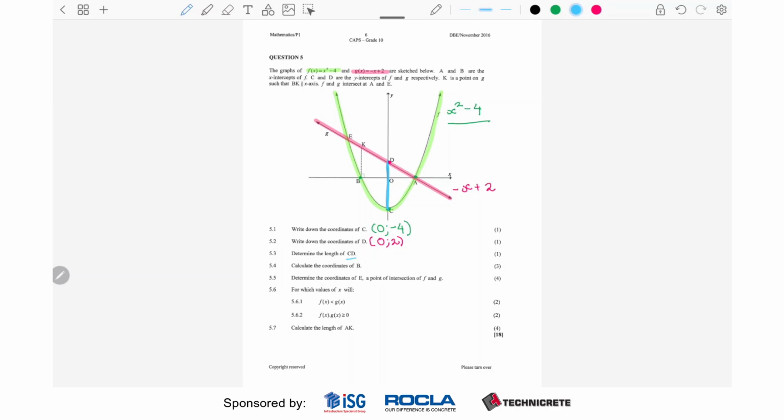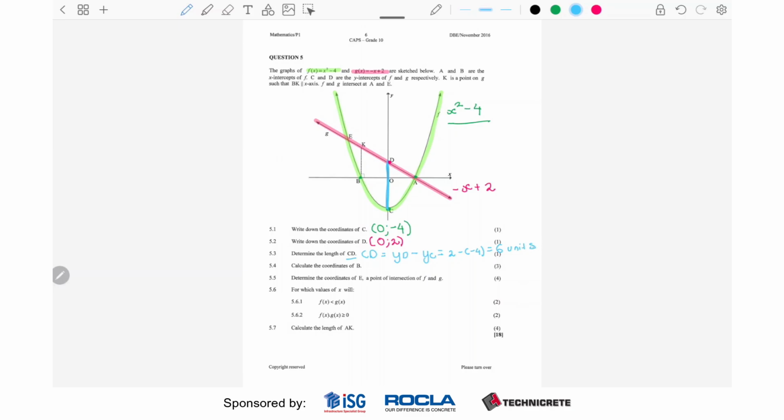So whenever we calculate the length, we always have minus. So CD will equal y D minus y C. So that's 2 minus negative 4, which gives us 6 units.